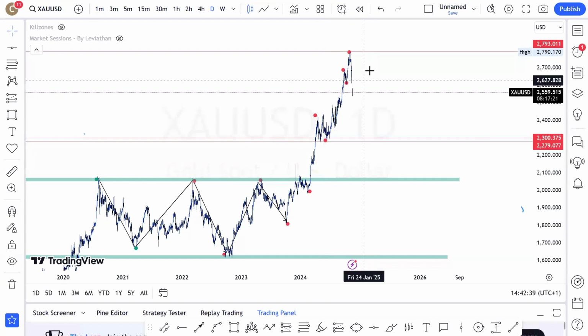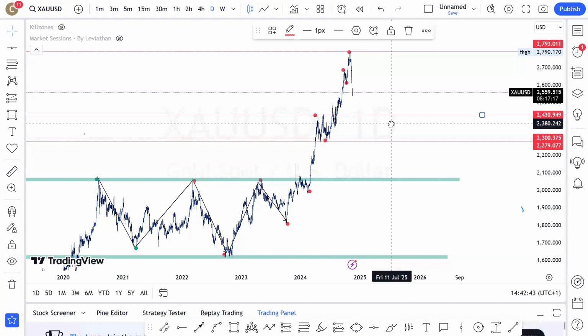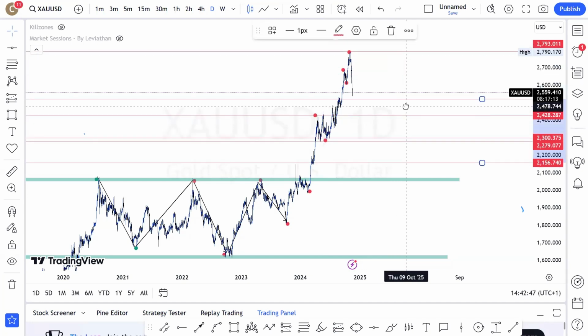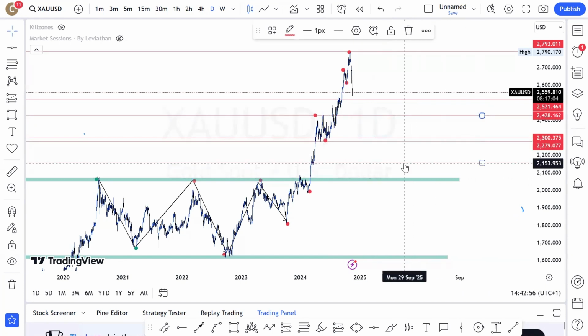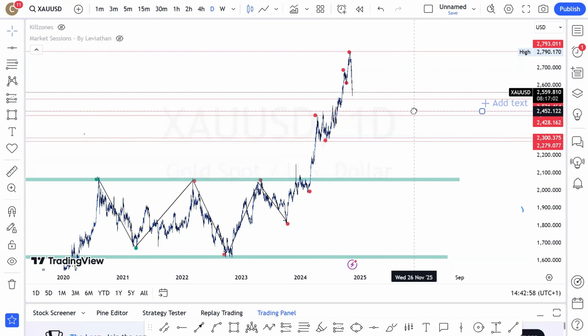This was a resistance at a point. Double the line. Get the most touches there. Boom.